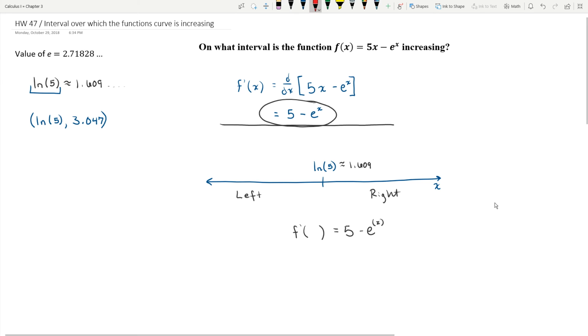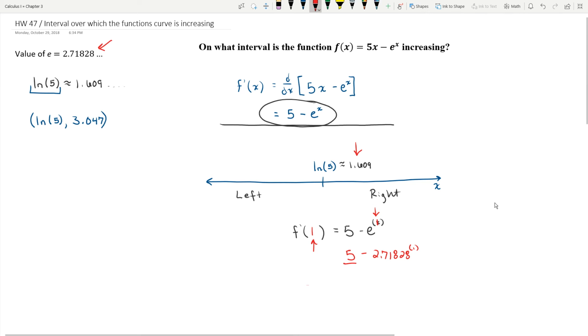So if I plug in a value that's just a little less than 1.609, and we plug that into our function, well, the easiest value is 1. So if I plug in a 1, I will end up with 5 minus, and I also put what the value of e is approximately, which is 5 minus 2.71828 to the first power.